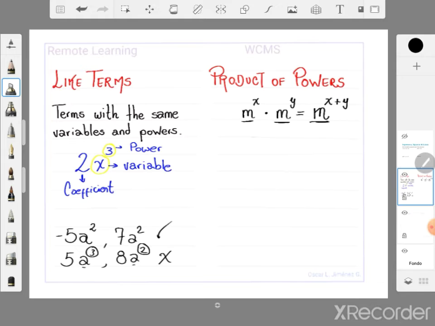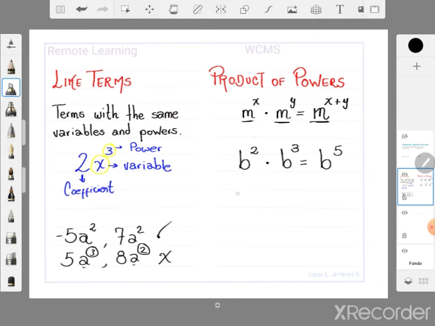For example, if you have b to the second power times b to the third power, you must keep the b, the variable or the base, and you add the exponents. So what is 2 plus 3? Very good, 5.